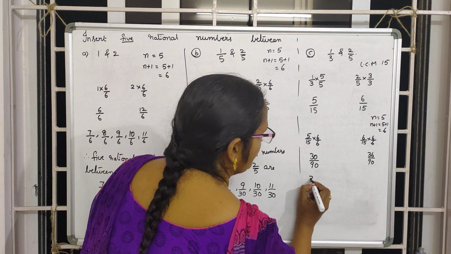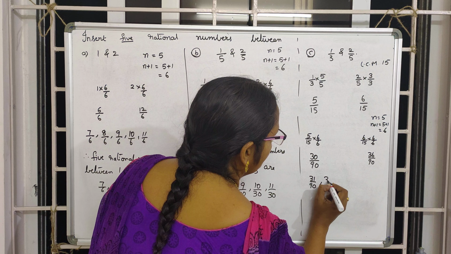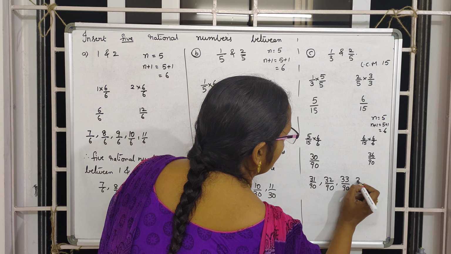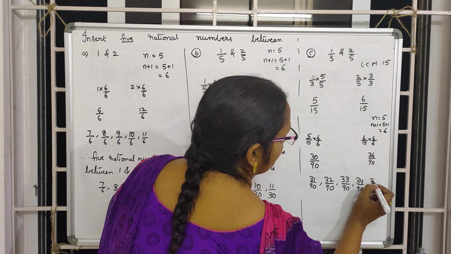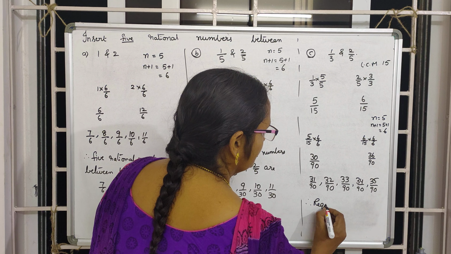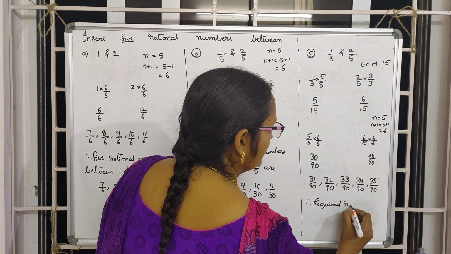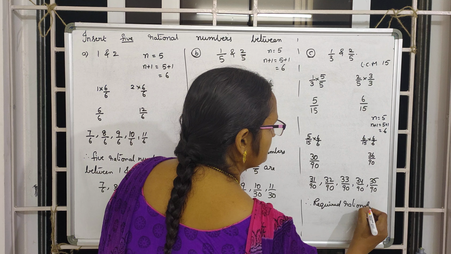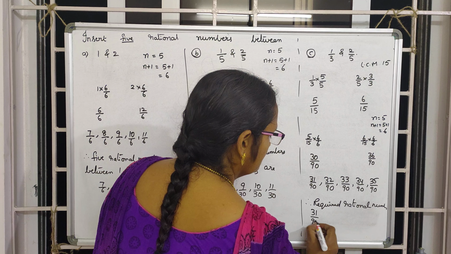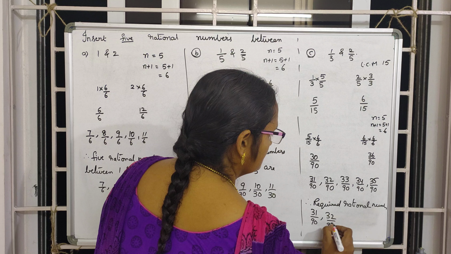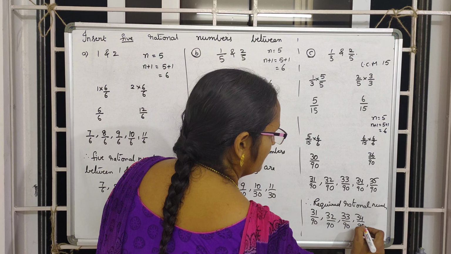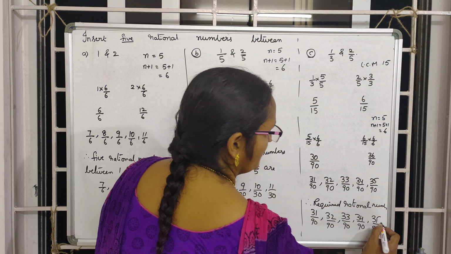In between, 31 upon 90, 32 upon 90, 33 upon 90, 34 upon 90, 35 upon 90 will exist between these two numbers. Therefore, the required rational numbers are 31 upon 90, 32 upon 90, 33 upon 90, 34 upon 90 and 35 upon 90.